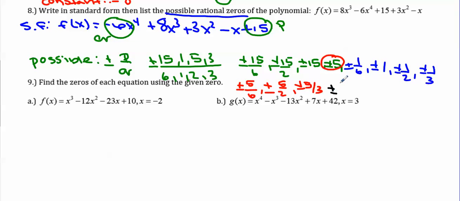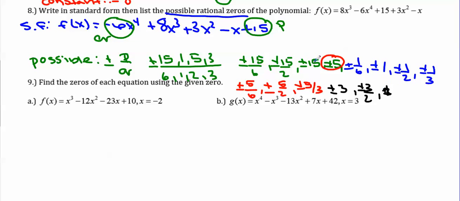So I have plus or minus 3/6, which is 1/2, but I already have that right here, so I'm not going to worry about repeating it. Plus or minus 3 over 1, I already have, no, I don't have 3, so plus or minus 3, plus or minus 3/2, and then plus or minus 1, which I have.